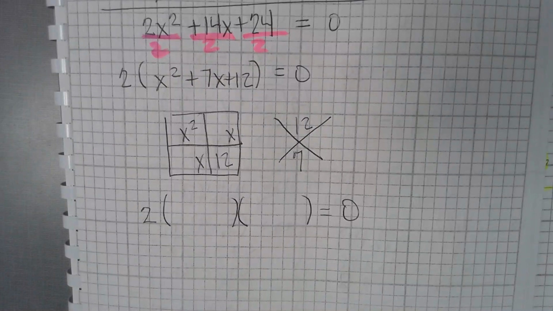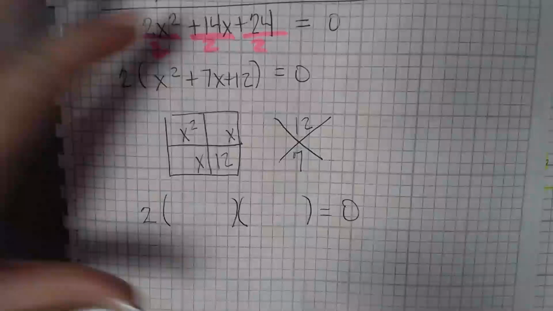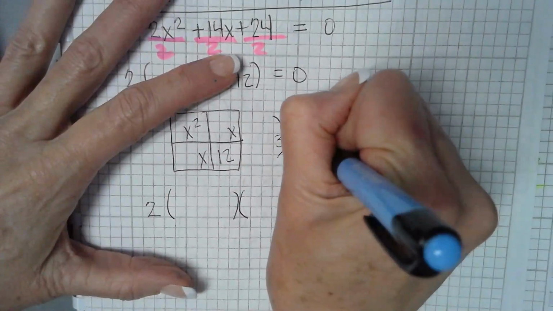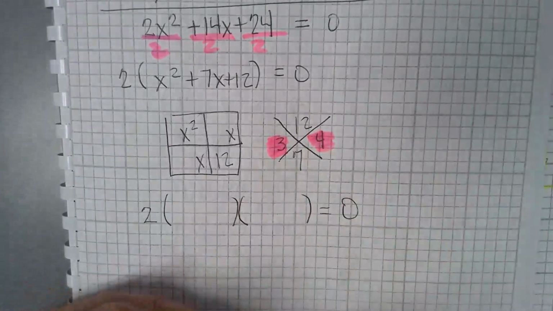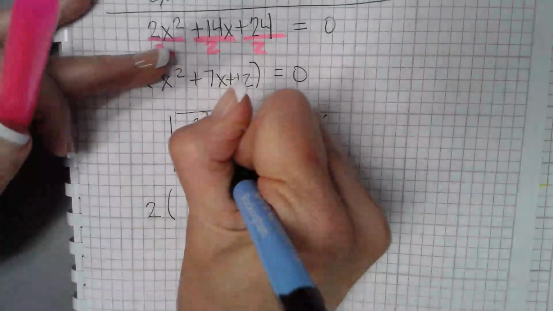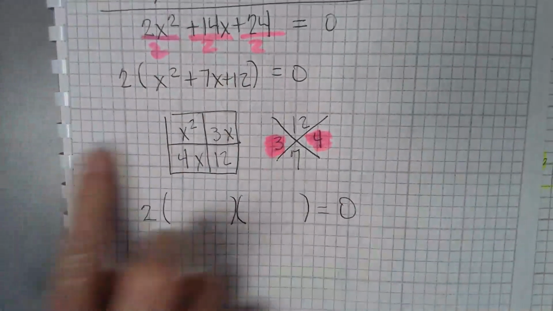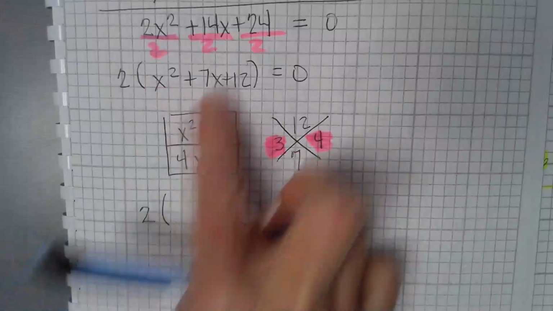Did you guys figure out the magic numbers? 3 and 4 are the magic numbers. Okay, we got to get greatest common factors across and down.